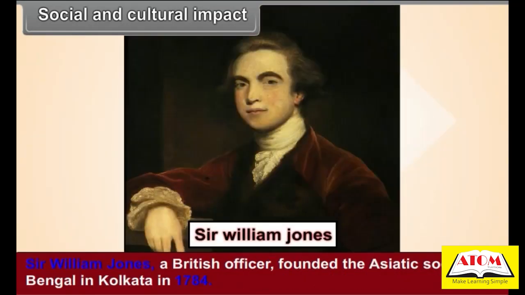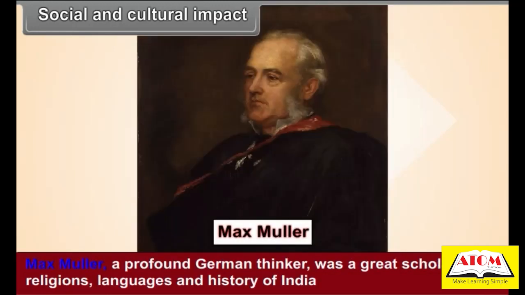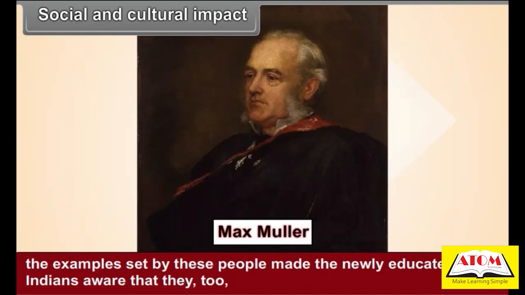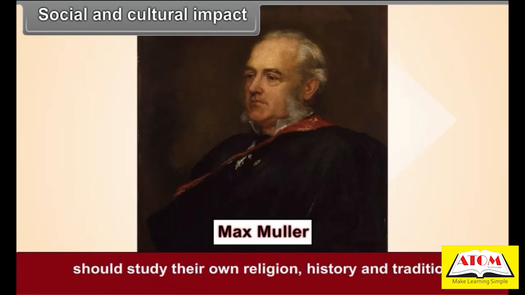Sir William Jones, a British officer, founded the Asiatic Society of Bengal in Kolkata in 1784. Max Müller, a profound German thinker, was a great scholar of the religions, languages, and history of India. The examples set by these people made the newly educated Indians aware that they, too, should study their own religion, history, and tradition.